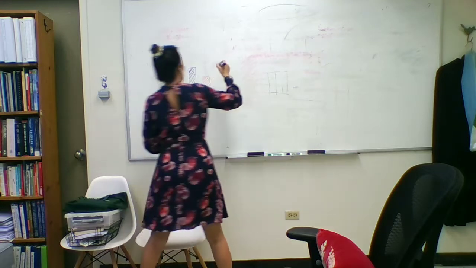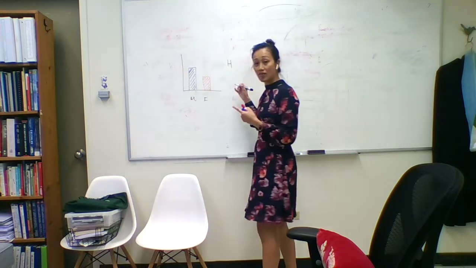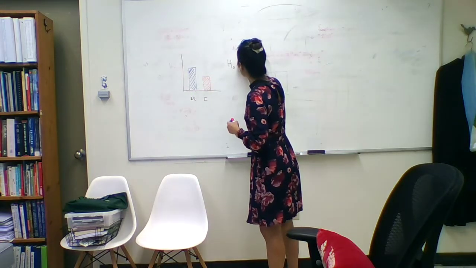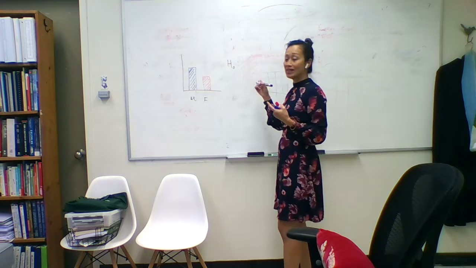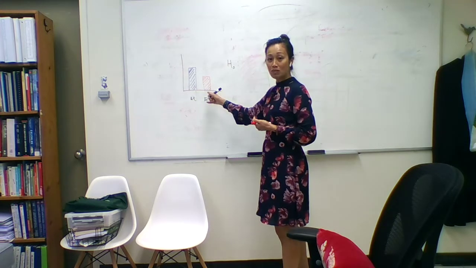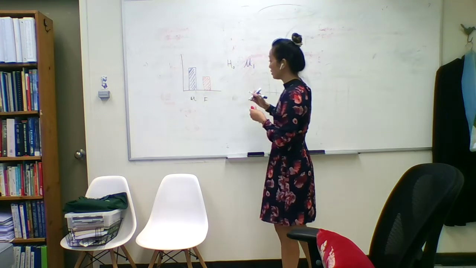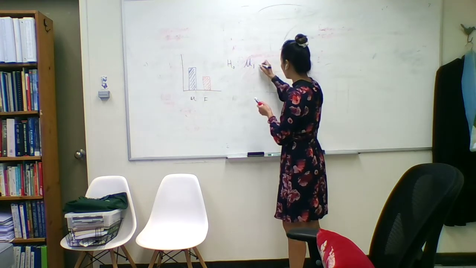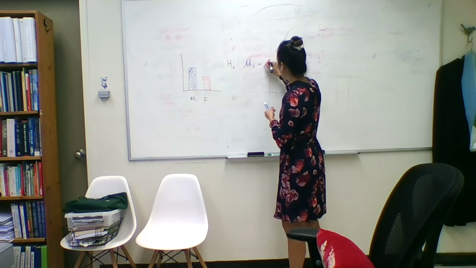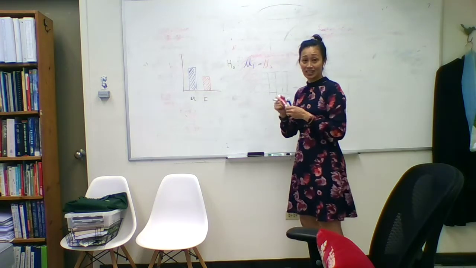To do that, we would do a hypothesis test. In a hypothesis test, your null hypothesis is always going to be a claim that the two means are the same. So the mean, I'll call mu sub 1, the male average amount of sleep, and we compare it to the female amount of sleep, we claim that it's the same.